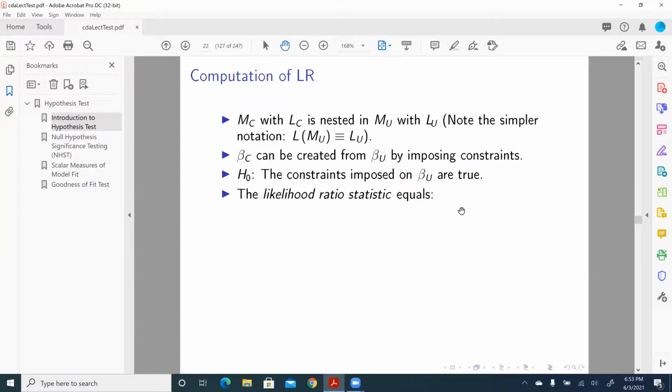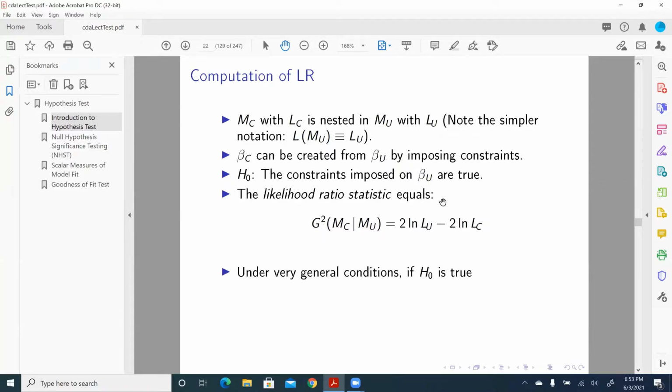In this case, the likelihood ratio statistic equals 2 multiplied by the log likelihood for the unconstrained model minus 2 multiplied by the log likelihood for the constrained model. Under very general conditions, if H null, that is the null hypothesis, is true, then this G follows a chi-square distribution with degrees of freedom equal to the number of constraints.